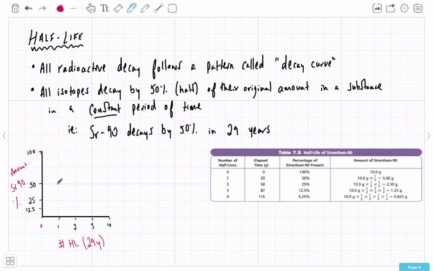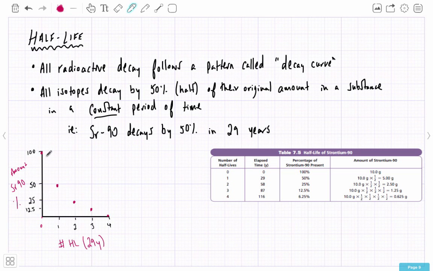But 1 half-life, 50% of strontium-90 remaining, will be right here. After 2 half-lives, we'll expect 25% remaining. After 3 half-lives, we will expect 12.5% remaining. And after 4 half-lives, we'll be at that 6.25% remaining.